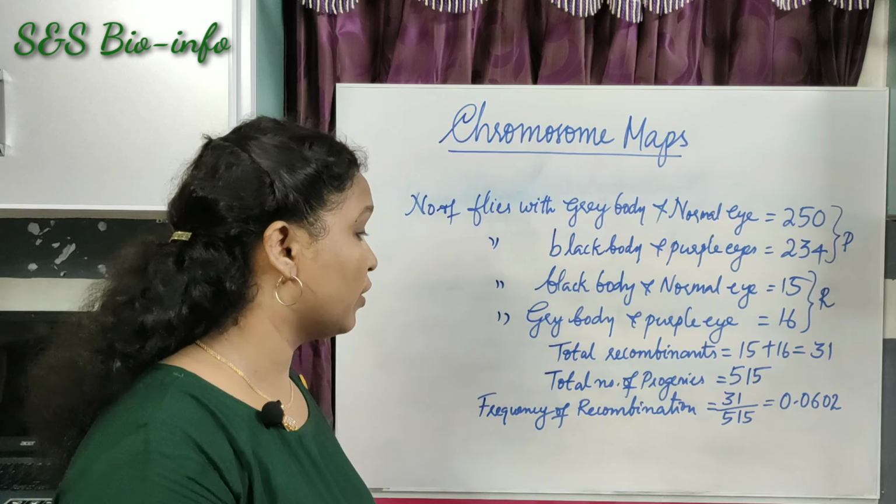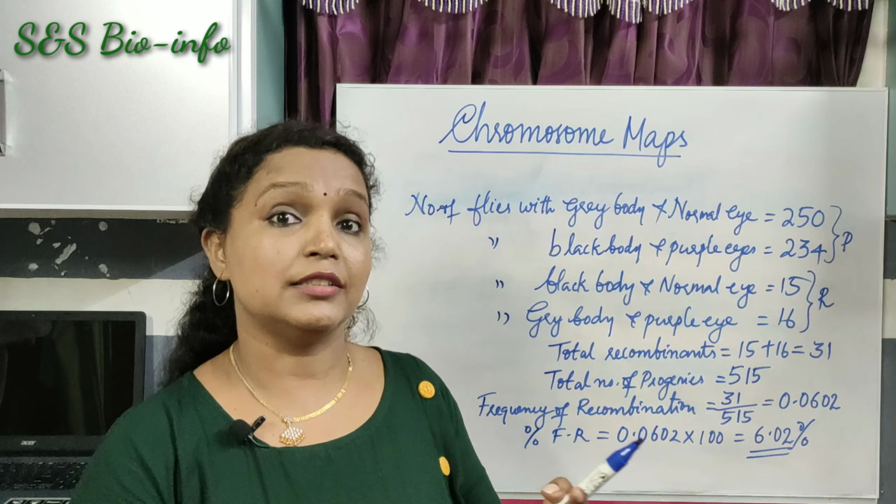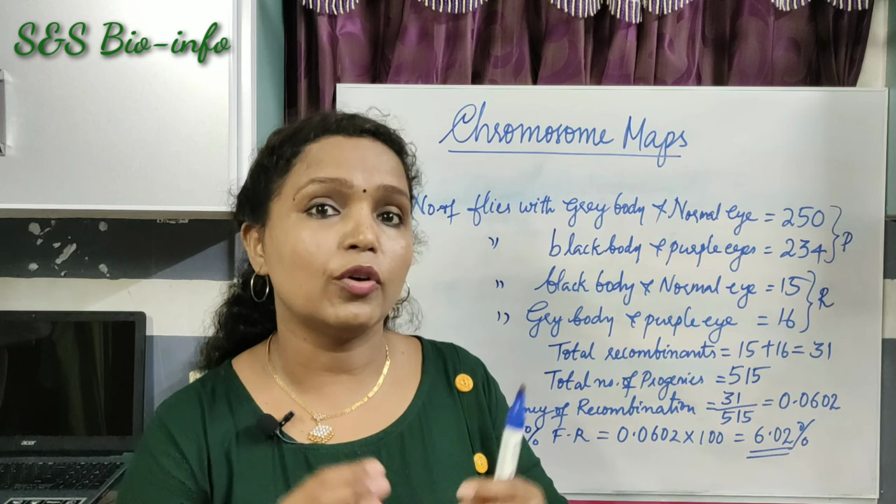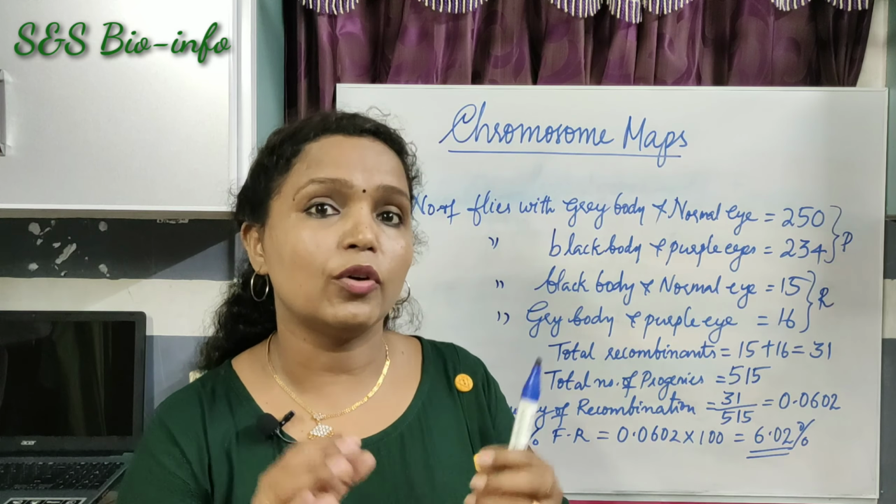Here there is a 6% chance of crossing over in this cross. The genes that control body color and eye color have only a 6% chance to separate from each other and form recombinant varieties. That's why there is a very small percent of recombinants in this case of dihybrid crosses of Drosophila.